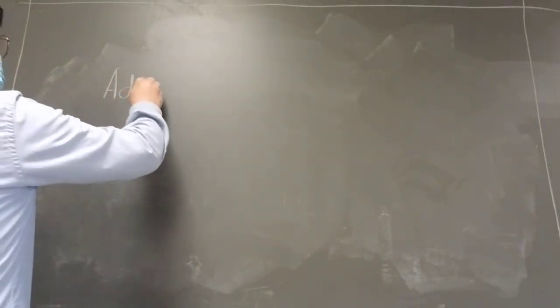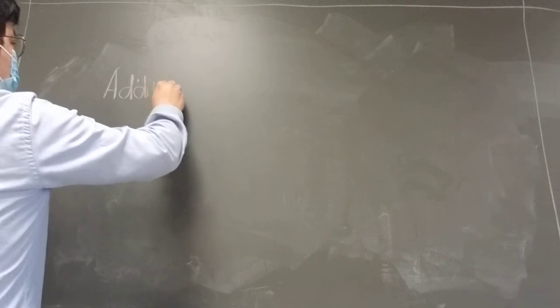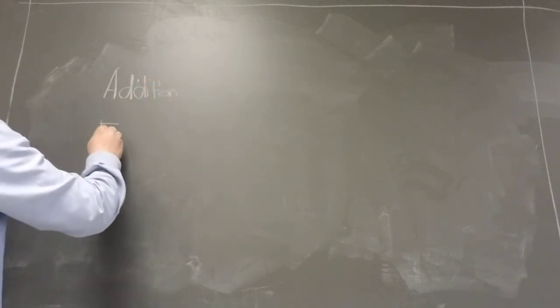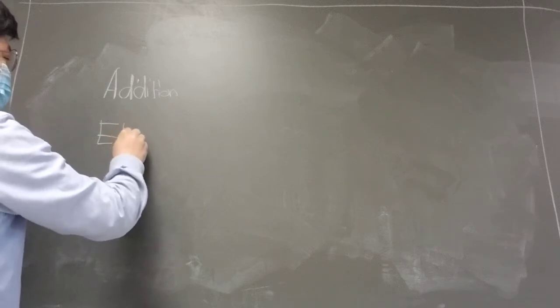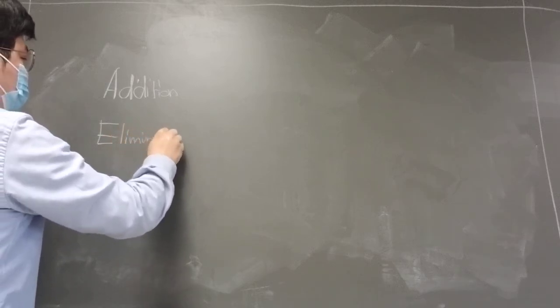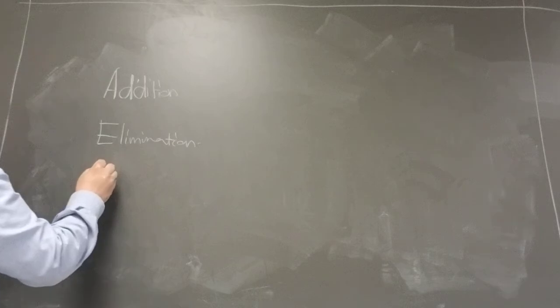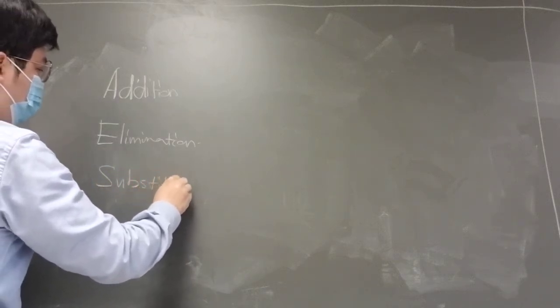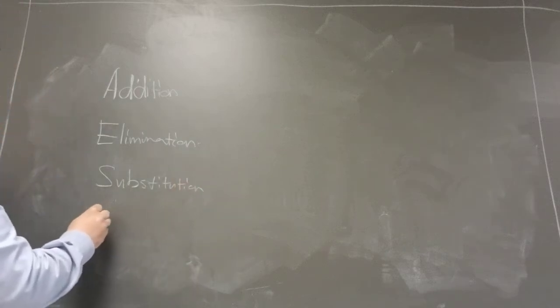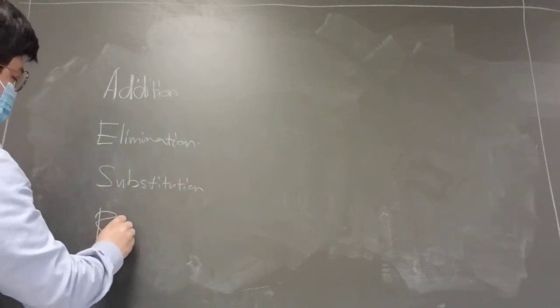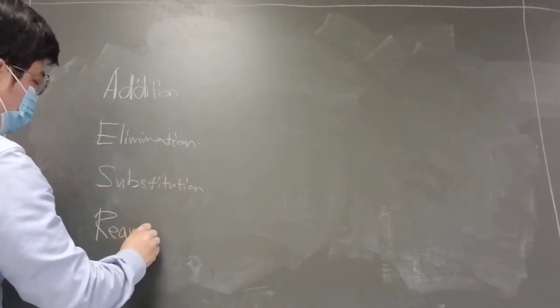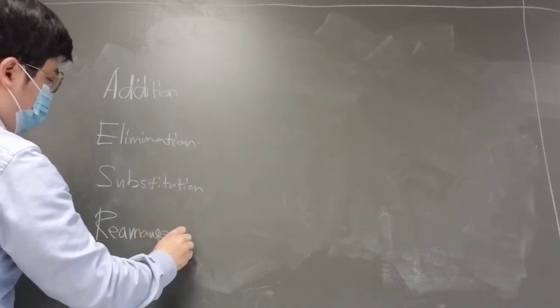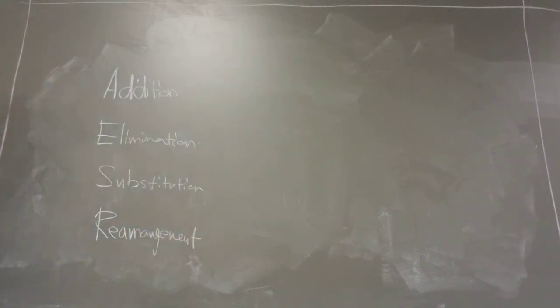So the first one is addition, okay? And the second one is elimination. The third one is substitution. The last one is rearrangement reactions.